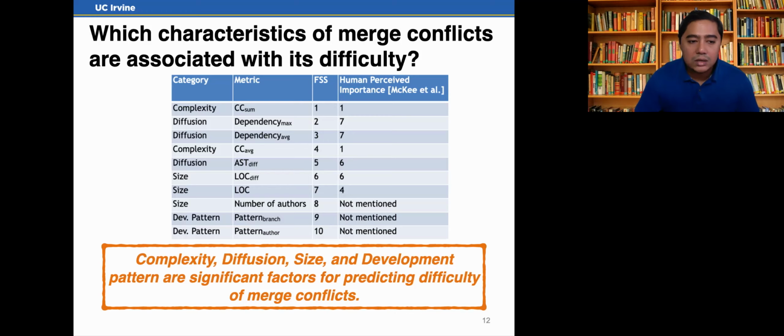Interestingly, what we saw is that yes, in many cases, both feature subset selection and humans perceive the features equally importantly, like complexity. But on the other hand, there are some metrics that do not match the human's perception. For example, dependency was identified as one of the top important features by FSS.